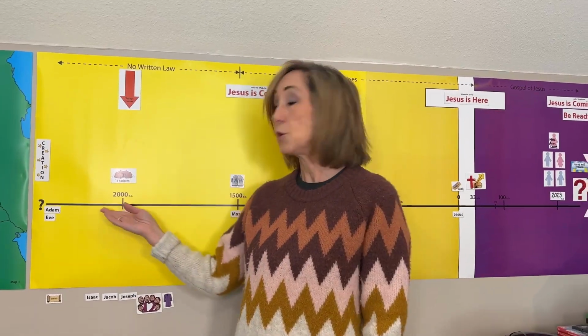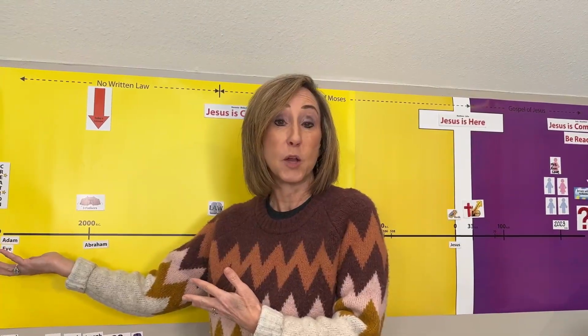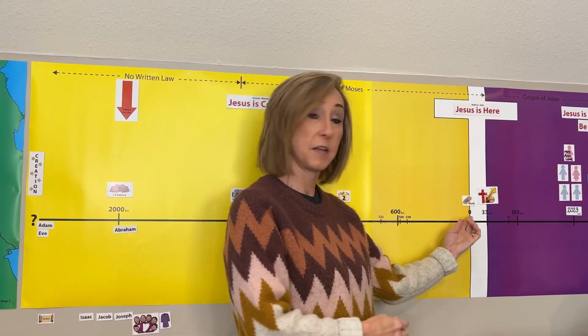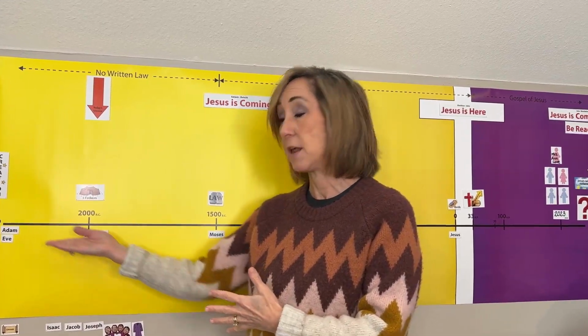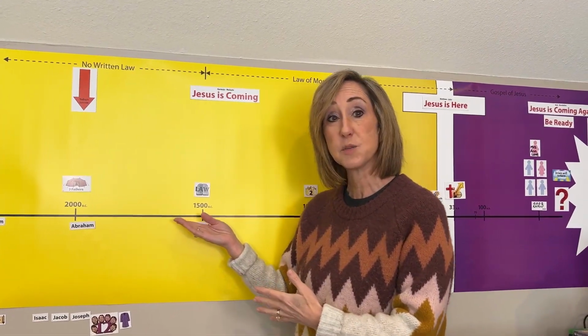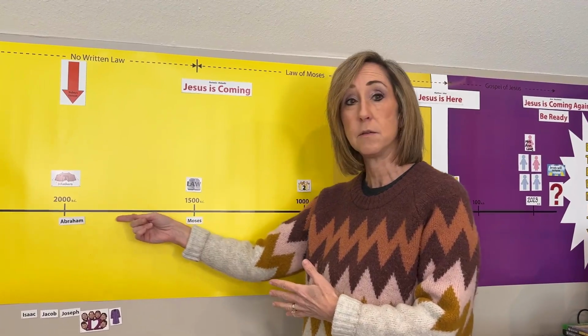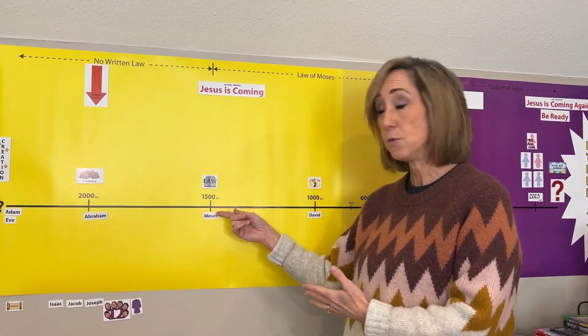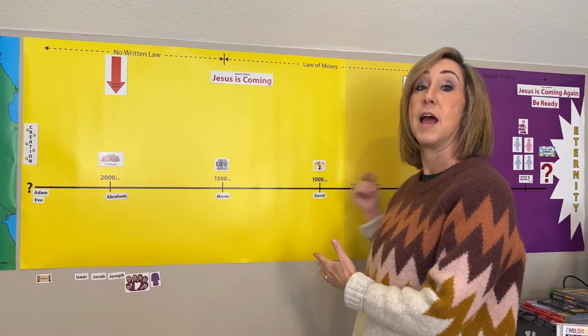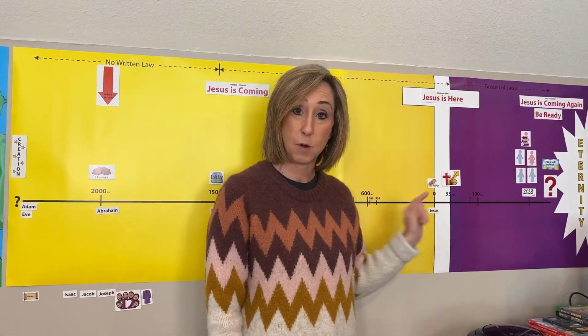So from 2000 or 2200, they go backwards or all the way down to 0. So that is the yellow section. And as we come through here, you'll notice that the numbers get smaller. So we have 2000, we have 1500, we have 1000, we have 600 until we get to 0.